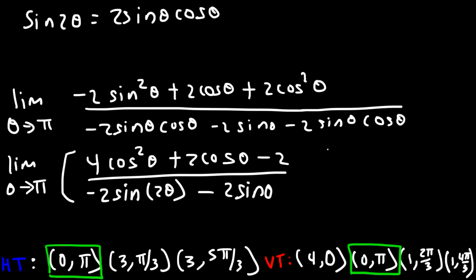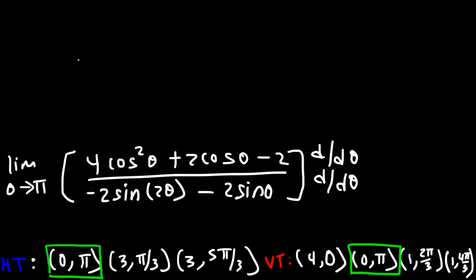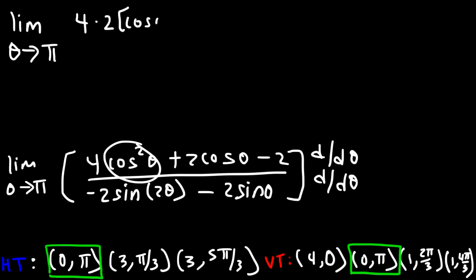So in this form, I'm going to use L'Hopital's rule. So I'm going to differentiate the top and the bottom with respect to theta. So I'm going to have the limit as theta goes to pi, and then it's going to be 4 times the derivative of cosine squared. So that's going to be times 2 cosine theta to the first power, and then differentiate the inside.